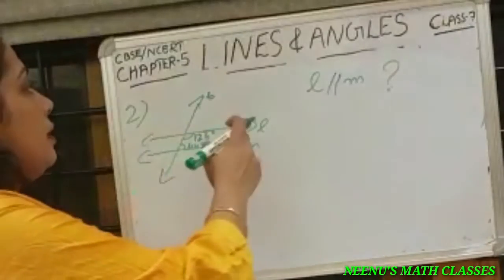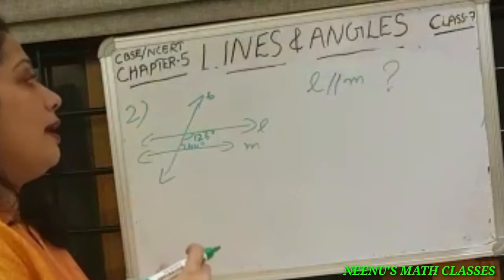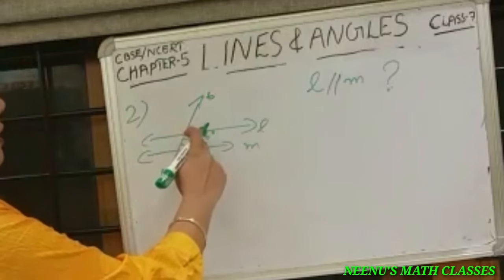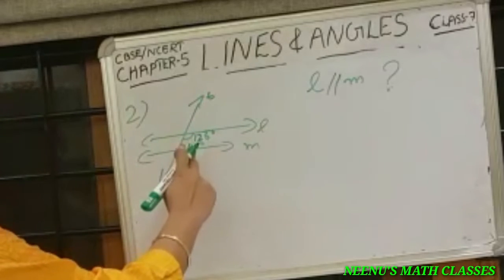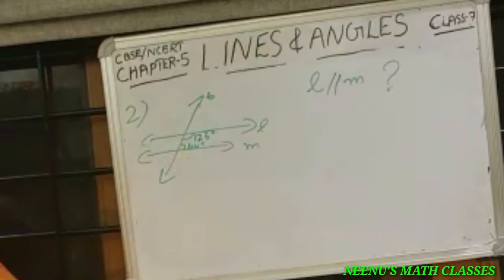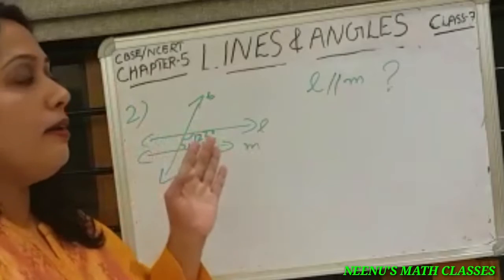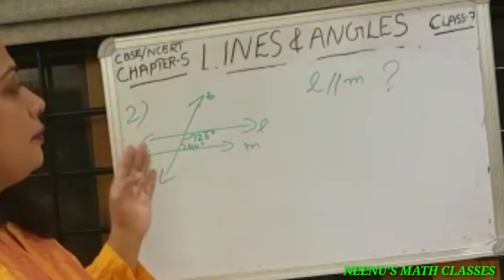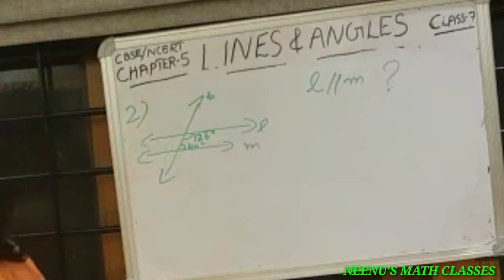Okay, a problem. We want to find out if L is parallel to M. We are given two angles, 126 degrees and 44 degrees. They are co-interior angles. So what is the condition? If two lines are parallel and cut by a transversal, then the co-interior angles should add to 180 degrees.